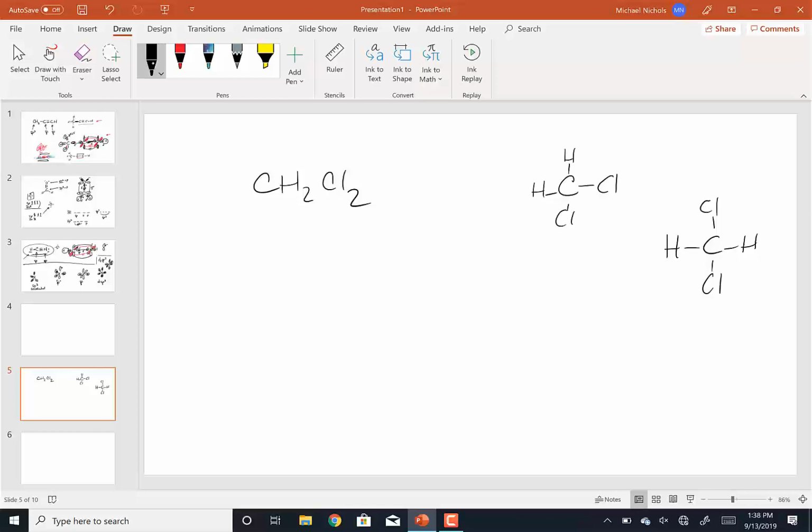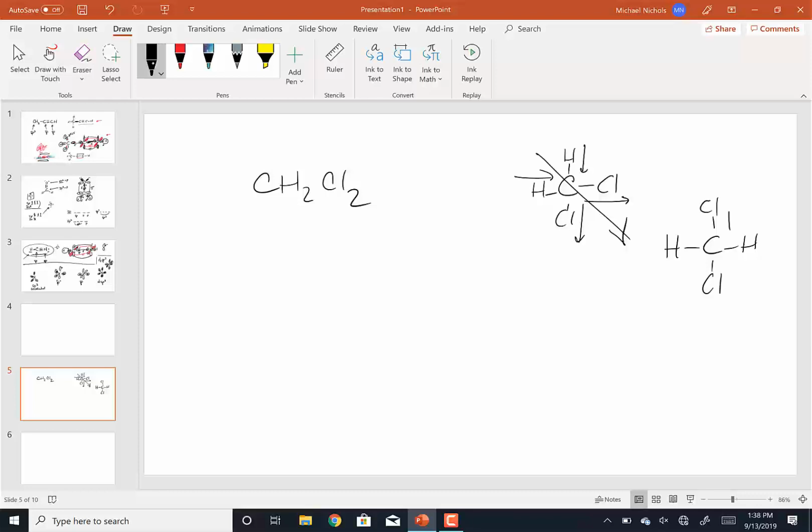Hold on. Let me play the whole scenario out. I can see there's your dipole moment, right? So we have the individual bond dipoles. Chlorine's more electronegative than carbon. Carbon's more electronegative than hydrogen. So all the bonds are adding up, which means there is a non-zero molecular dipole moment.